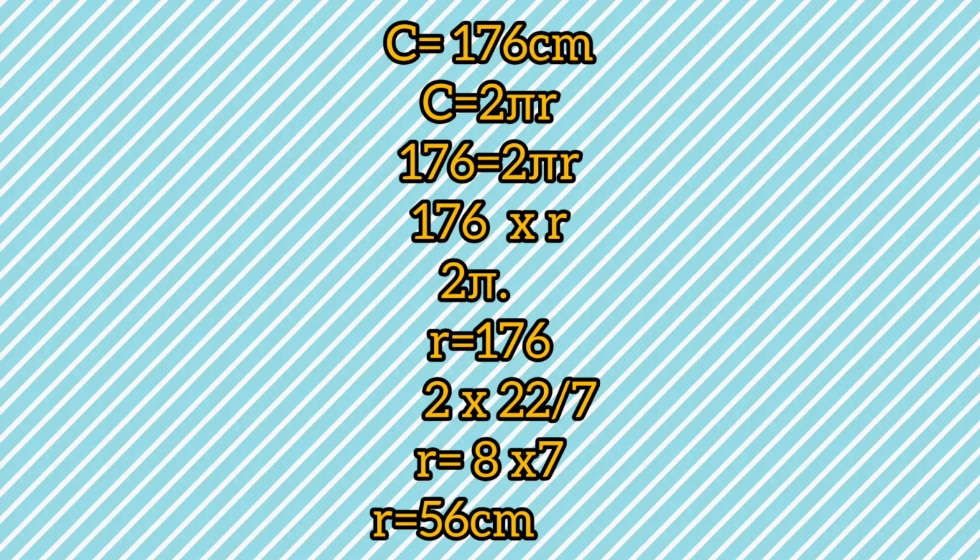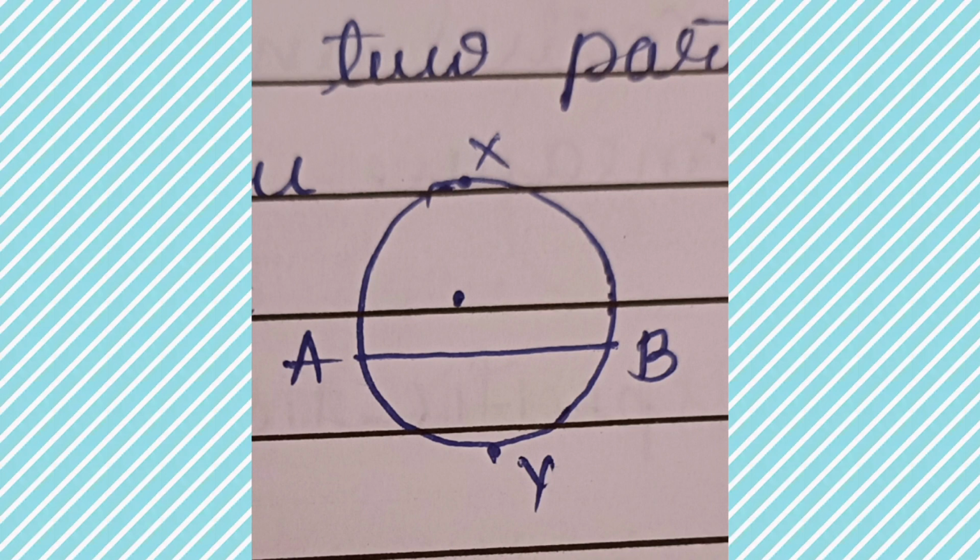Here we put the value of pi, that is 22 upon 7. So r is equal to 8 into 7, r is equal to 56 centimeter. So we found that the radius is 56 centimeter. Understood? Yes, teacher.